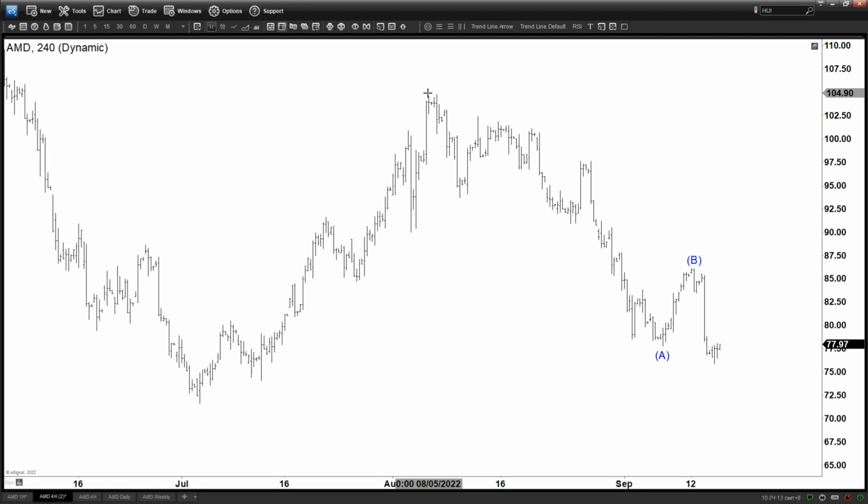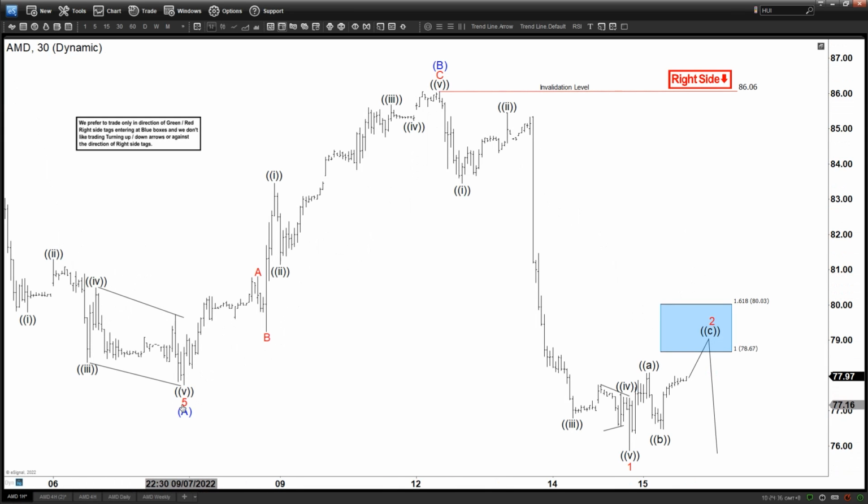Starting from August 5th, this could be counted as a 1, 2, 3, 4, 5. The fact that we're calling A here suggests this is counted as 5 waves, but in fact the 5 waves could have ended here, right? You can see partially the 5 here.